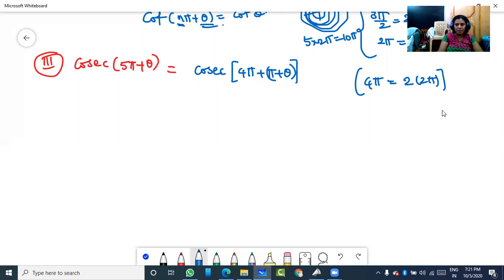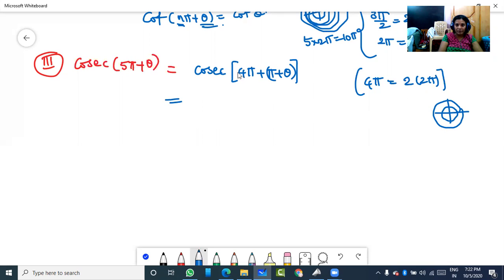It is nothing but 2 rotations are completed. One complete rotation is 360, another second rotation is also completed. Then 4π plus it is nothing but θ. In the completion of the 2 rotations, it goes to the first quadrant.